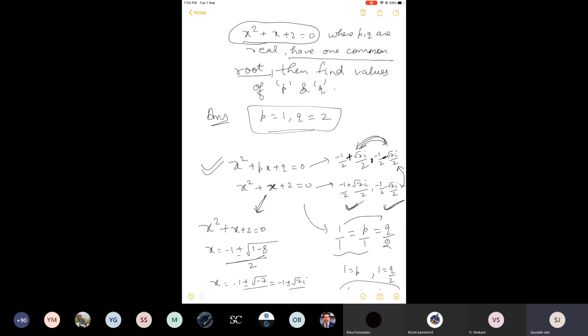Then at that step they don't know how to solve further, because this question will not be solved like this. I am repeating again: though they have given that there is one common root, you have to understand by yourself that both roots are common, and the concept used is that complex roots occur in conjugate pairs. That is the explanation for this question.